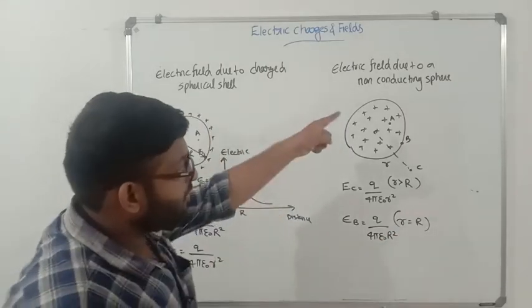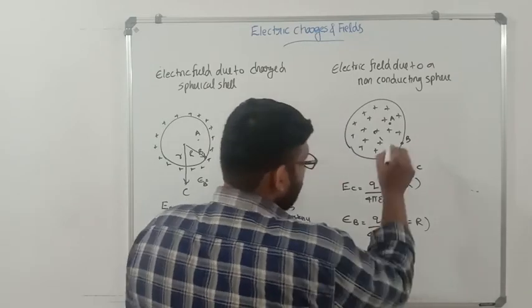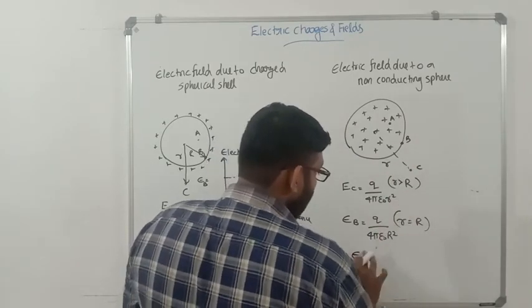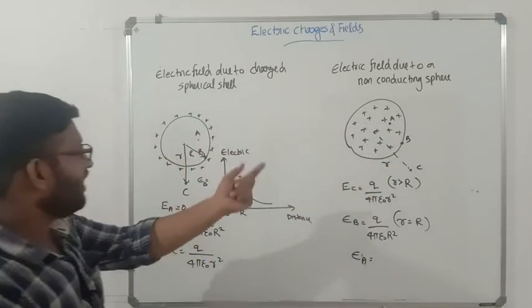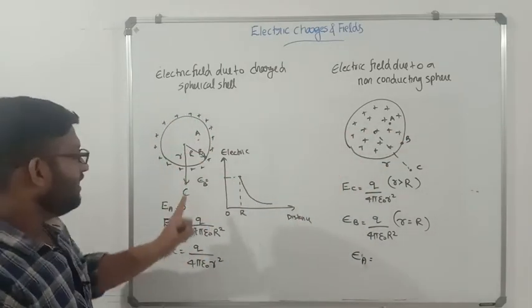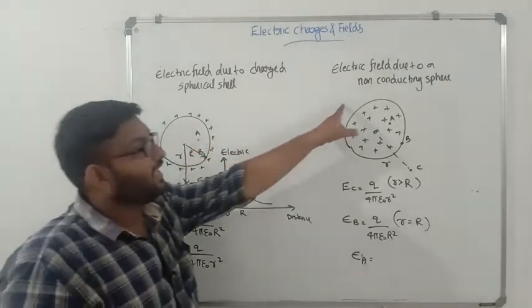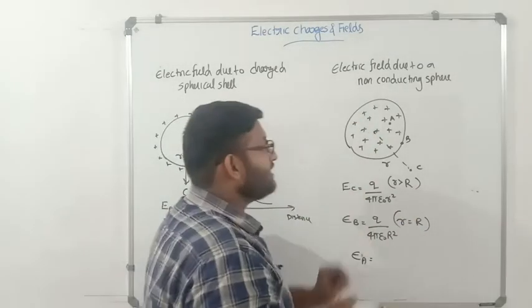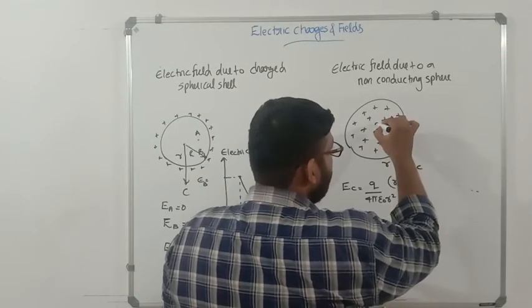But when you come to the point just inside, sorry, it is point A. Okay guys, look at here, point A is just inside. Inside electric field is 0 for a spherical shell. But when you take a non-conducting sphere, there is electric field. Suppose the distance from this point to here, I take r.